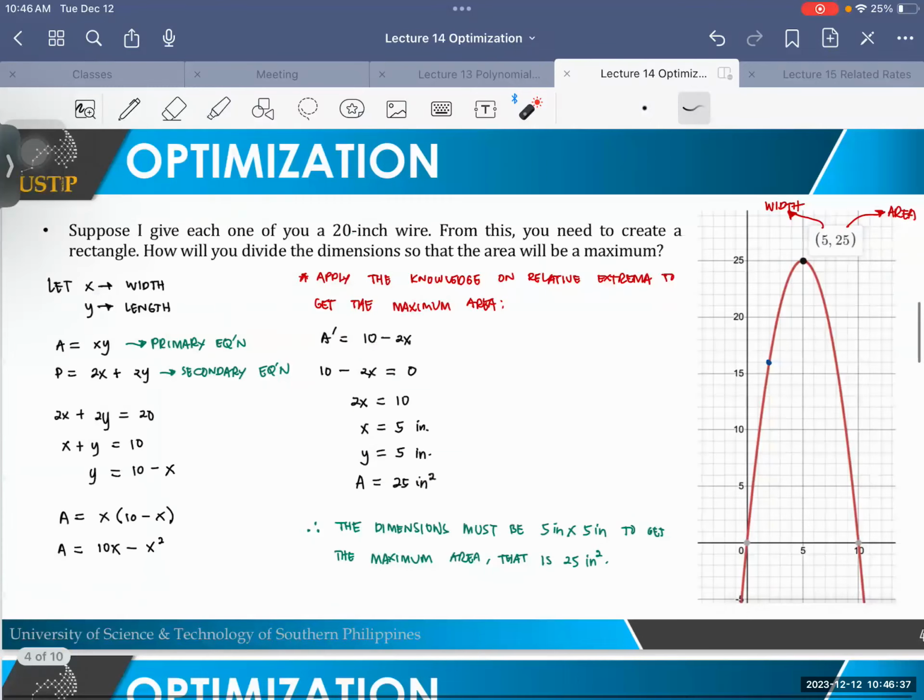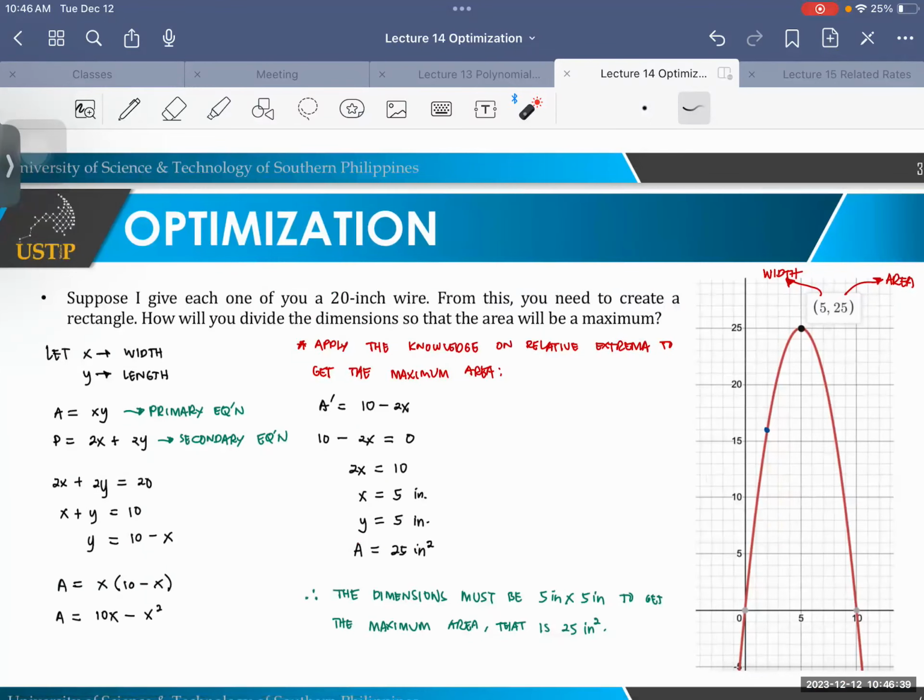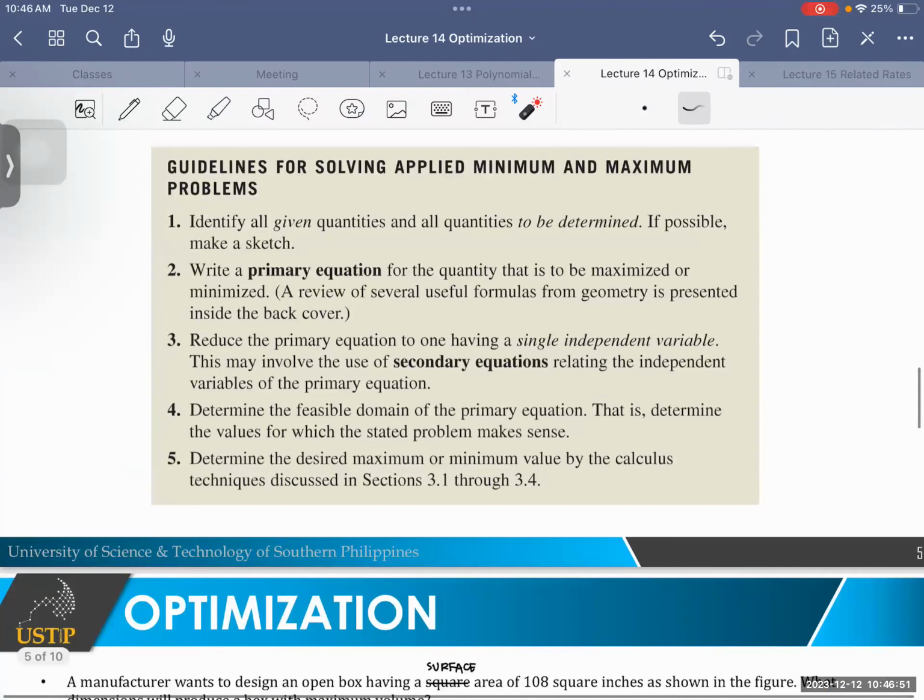Okay? From here, ipang-express na ang different variables to one single variable lang, which is kung atong i-consistent nga x, then x na siya dira. Okay? So, and then after that, determine the feasible domain of the primary equation. So, di na kay siya critical, pero in a way, pwede man siya nilaon nga positive values sa tanan.